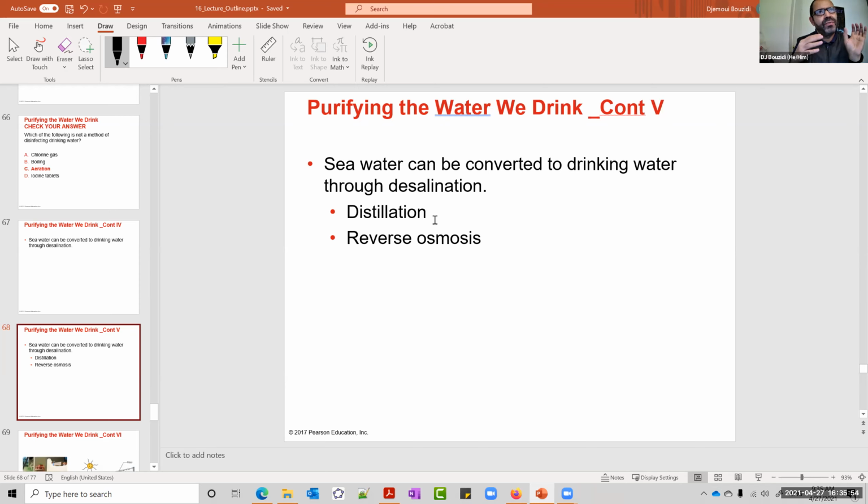Because on one side you have a lot of water, and on the other side you have a lot less water. So it's going to move from the pure side to where the salt is, to lower the concentration of the salt. And this will keep on moving until the actual volume of the salty water starts to increase. But now you have a problem. You have a difference in pressure, because even though water has moved to the other side, now you have a higher level on one side and a lower level on the other side.